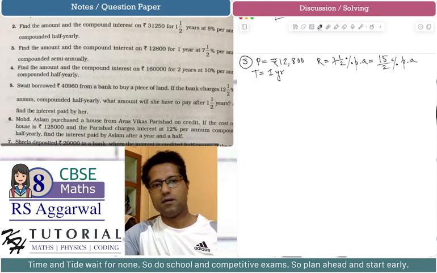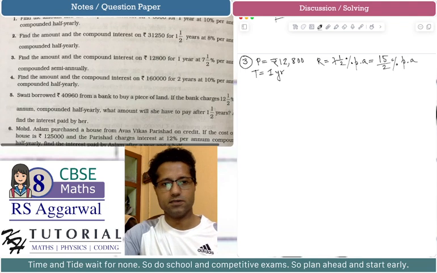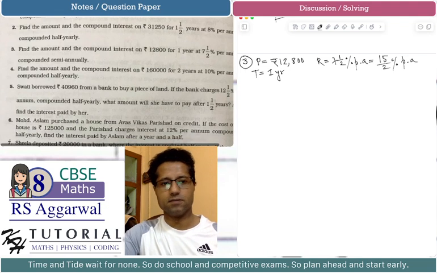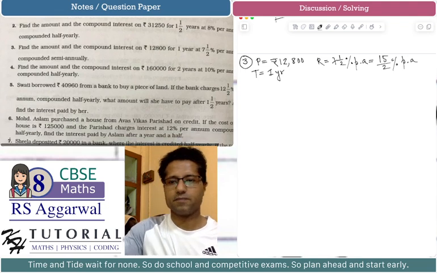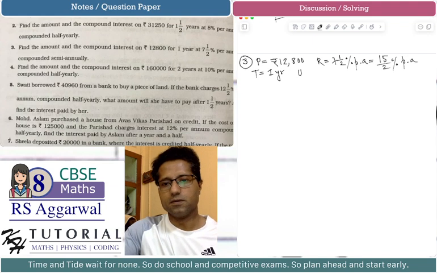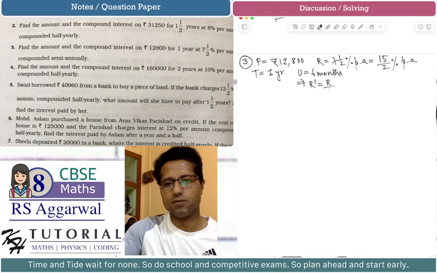Semi-annually and half yearly mean the same thing, that is, compounding every 6 months. So U is equal to 6 months. When U is 6 months, this implies R dash is equal to R by 2.